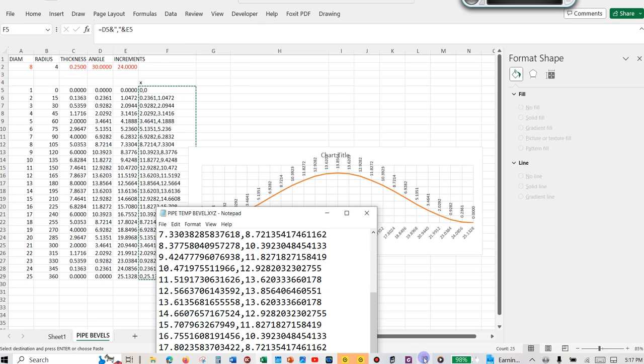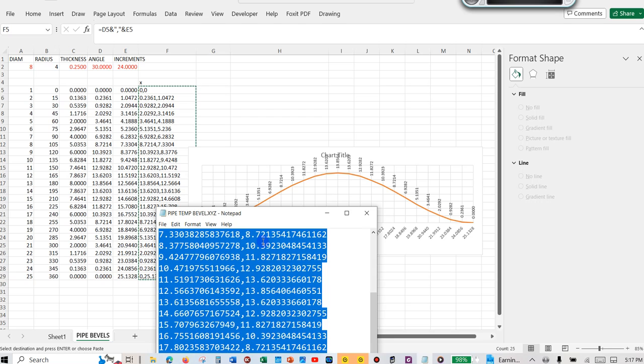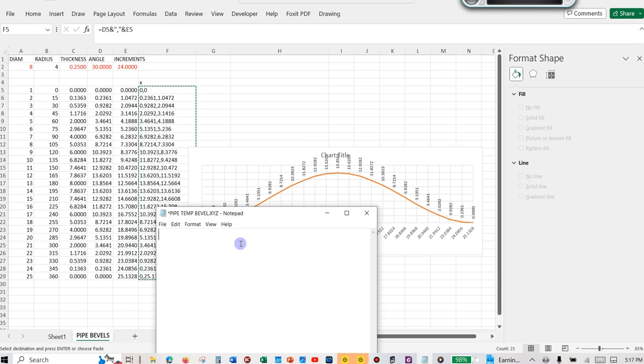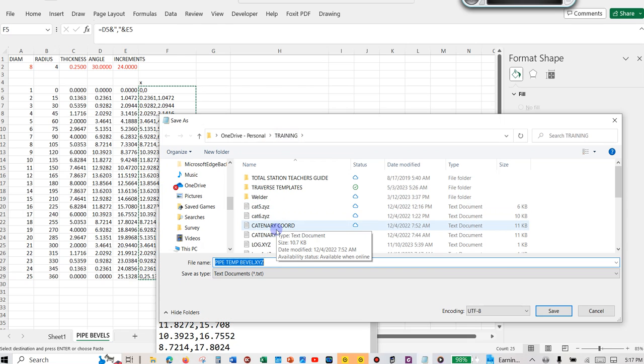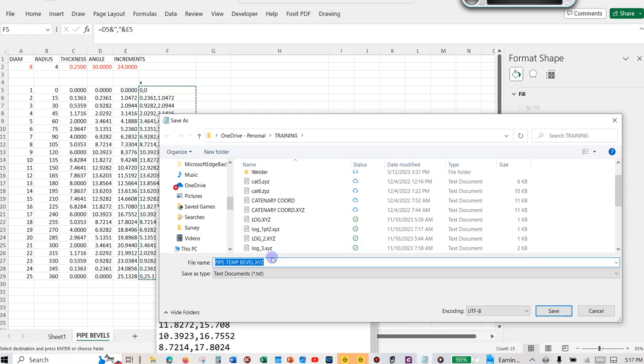All right, and then you can take this, copy, and then open up Notepad, Control A, delete, Control V equals, and then save as. In this program, you're going to have to save it and then try to open it and then do it again. So let's type template bevel 30.xyz, right?